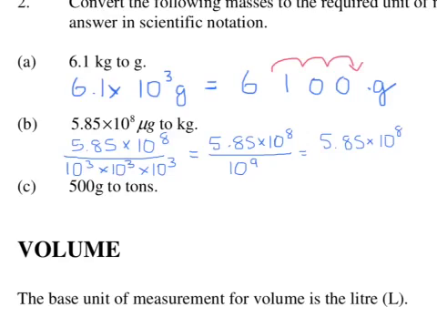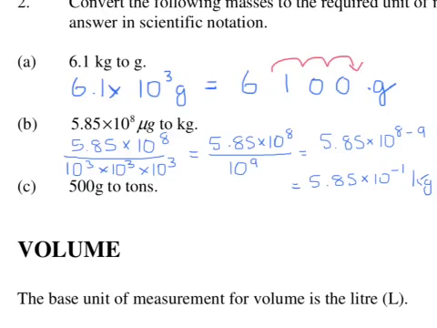Now this power of 9 in the denominator comes up to the numerator and becomes negative, so hence 10 to the power 8 take away 9, which is 5.85 by 10 to the power negative 1, and that's now kilograms.